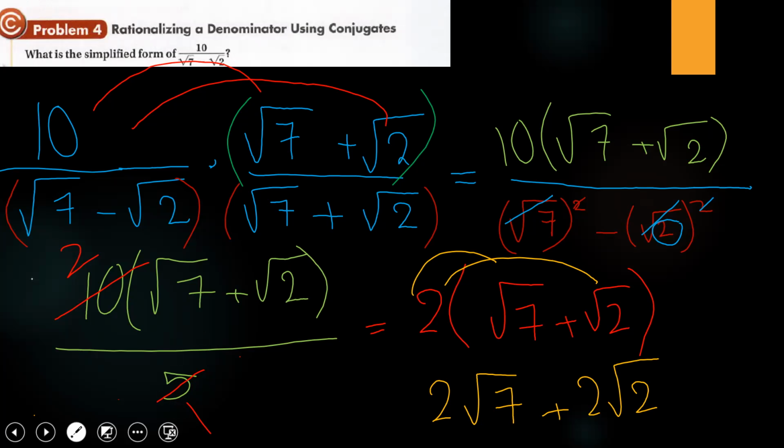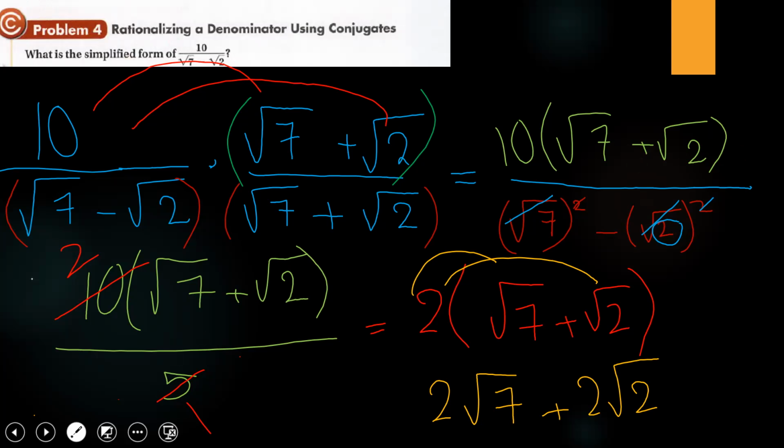And then let's multiply 10 by square root of 7 and 10 by square root of 2. Or you can write them first like this to understand. It is 10 times square root of 7 plus square root of 2.